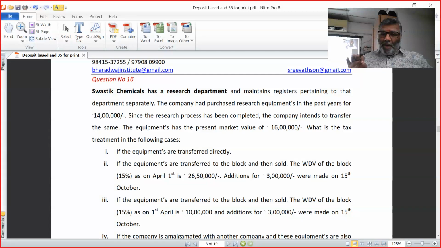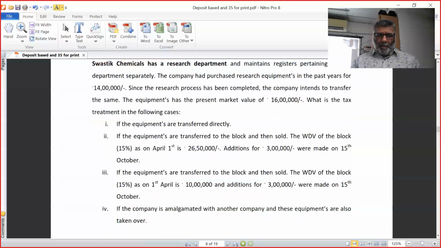The present market value is 16 lakhs. What is the tax treatment? A. If the equipment is transferred directly. B. If it is transferred to the block, and then subsequently sold off. Fourth question, if the company is amalgamated with another company and these equipments are taken over, how to deal with it? Read through, I'll answer.